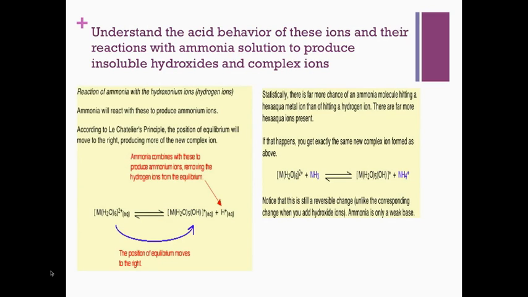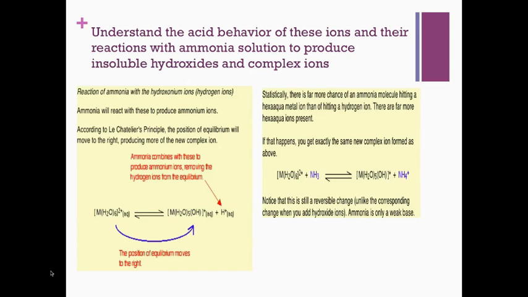the chances are that the position of the equilibrium moves to the right, and it will create, with that H+ ion, ammonium ions. But, just as we've seen before, statistically, there's a far greater chance of the ammonia molecule hitting a hexa-aqua metal ion than finding that hydrogen ion.